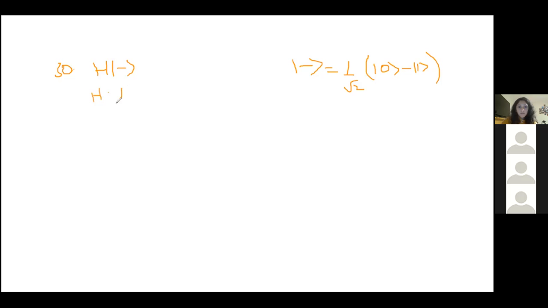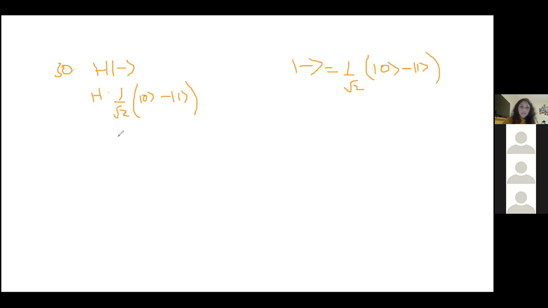So H times 1 over root 2, 0 minus 1. Okay. Now, when you apply a quantum gate, it applies to each of the qubits individually.